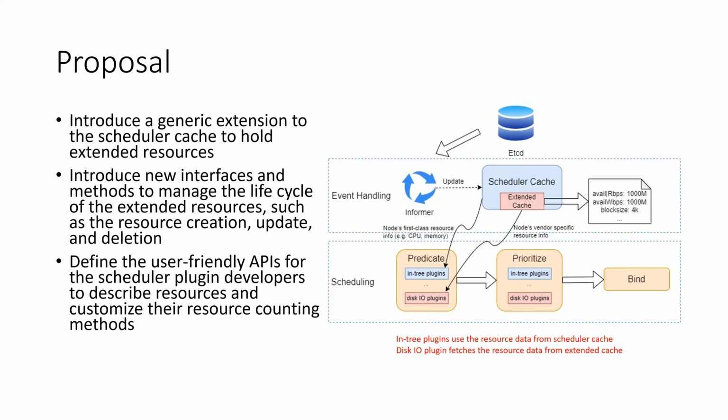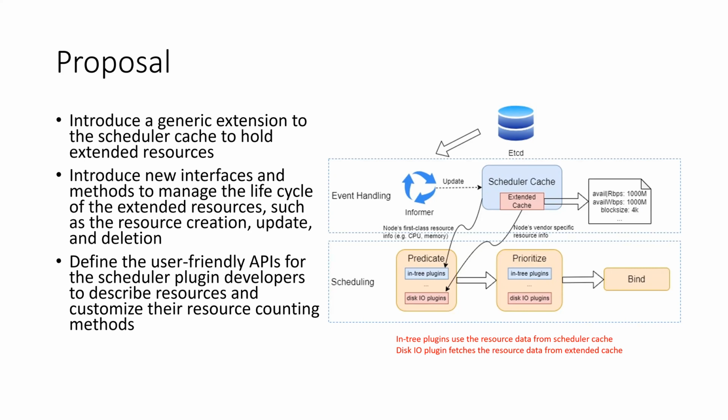At the filter hook point, the entry plugin would fetch the allocatable resource and the consumed resource from the scheduler cache, while the disk IO plugin will retrieve the disk IO available bandwidth from the extended cache. In this case, the scheduler will take care of watching the pod and node events to update the vendor-specific resource and both resources. In that case, the out-of-tree scheduler plugin does not need to use another informer and maintain their own cache, and it will simplify the scheduler plugin's development.